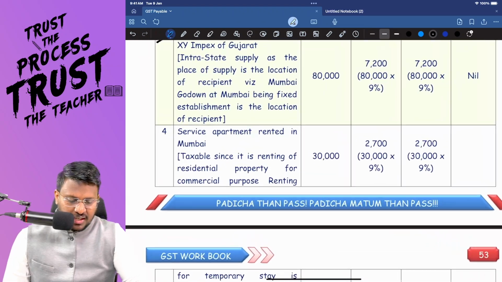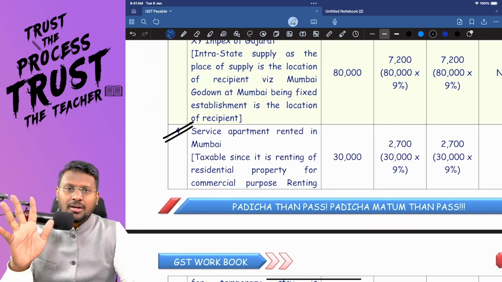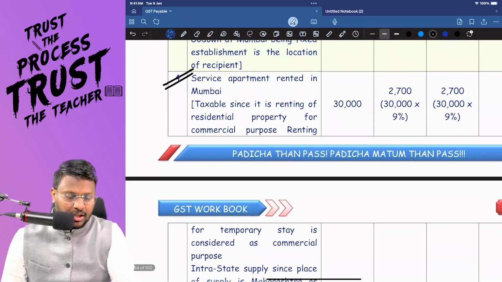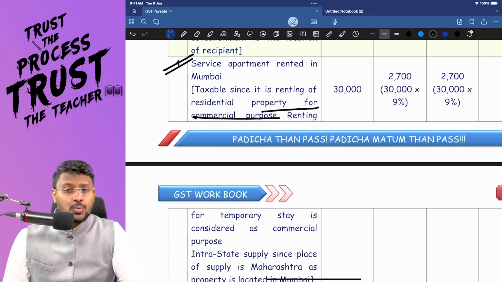Okay, sir. Service apartment rented in Mumbai. Taxable, since it is renting of residential property for what purpose? Because we are having an exemption. What is the exemption saying under section 11 of the CGST Act? Renting of residential dwelling for residential purpose to an unregistered person is exempt from GST. But this is for what purpose? Commercial purpose.